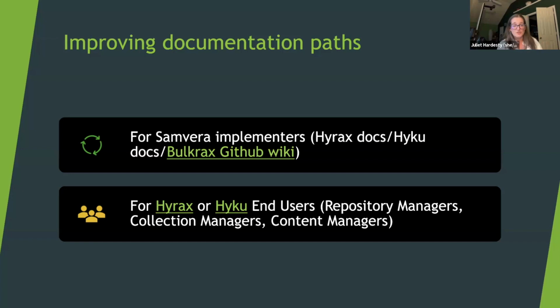And for end users trying to create and run an import, Hyku has Confluence wiki documentation that provides instructions for content managers, which is what we would consider our collection managers, to import using Bulkrax.